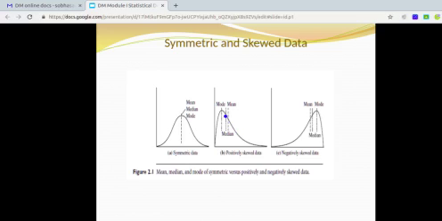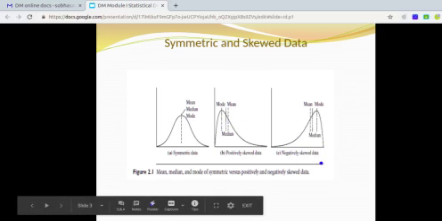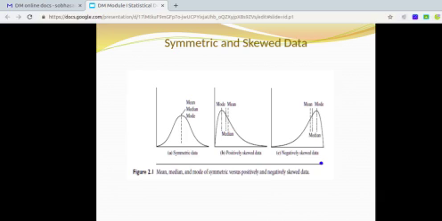This is positively skewed data and this is negatively skewed data. In the positively skewed data, mode is less than mean, and in the negatively skewed data, mode is greater than mean. So this is the concept of symmetric and asymmetric data. Measures of center tendency represent whether the data is symmetric or not, and if it is not symmetric, whether it is positively skewed or negatively skewed.